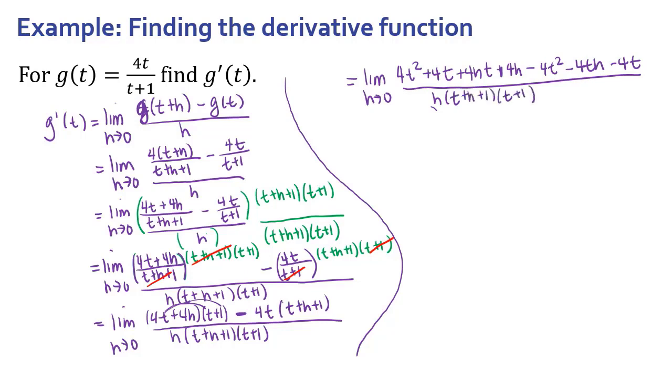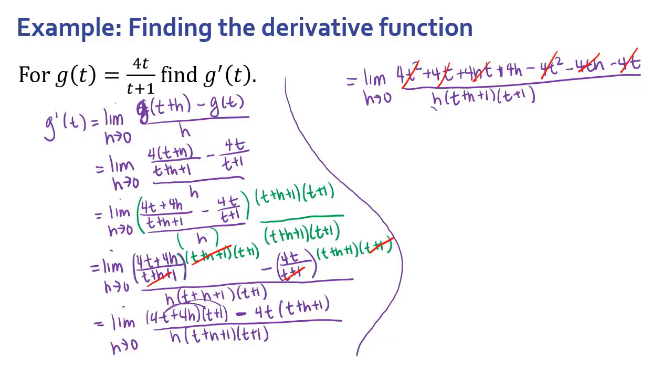Okay, so let's see what I can cancel out. These 4t squareds are going to be gone. These 4t's are going to be gone. And I've got 4ht and 4th. Those are the same. Remember that multiplication is commutative, so you can do it in any order. So 4ht is the same thing as 4th, so those are going to be gone.